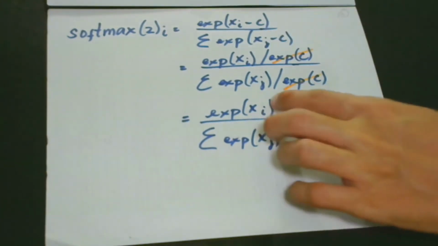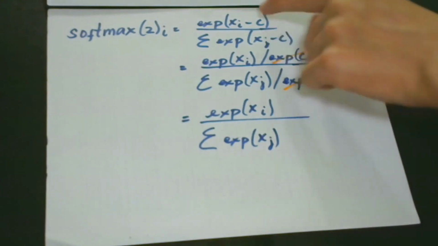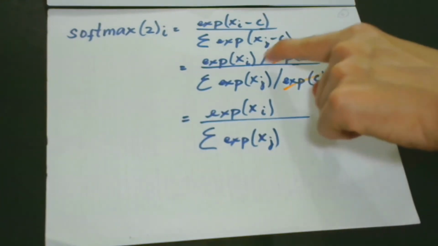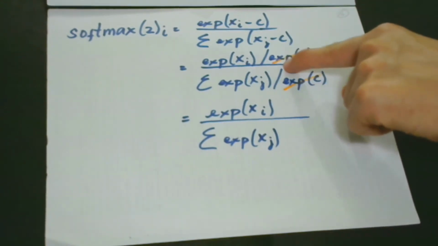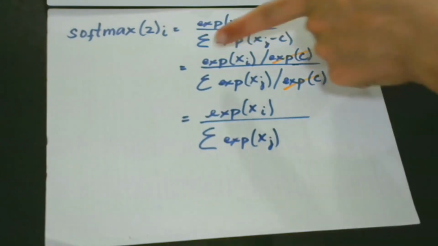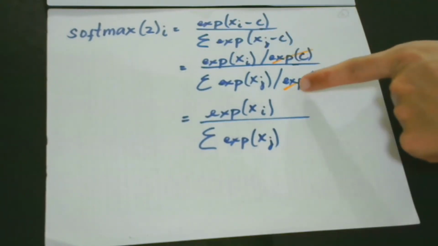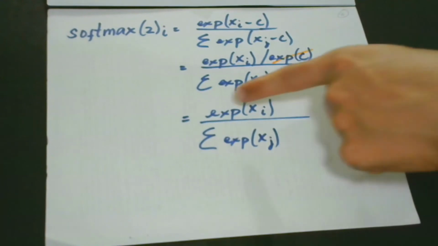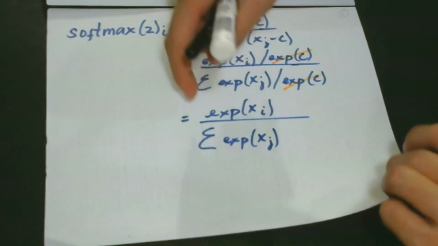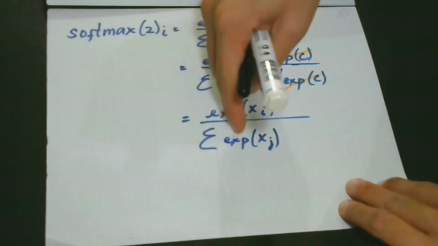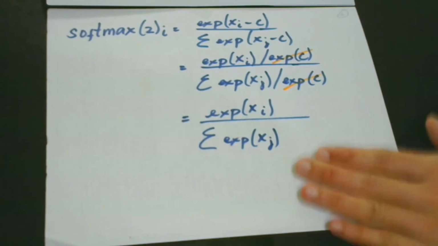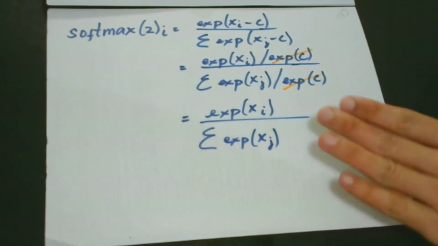What we will do is cancel the constant by multiplying by exponential of c for the numerator and also for the denominator. Canceling them gives us exponential xi over the summation of exponential xj. With this, our problem of overflow and underflow is solved.